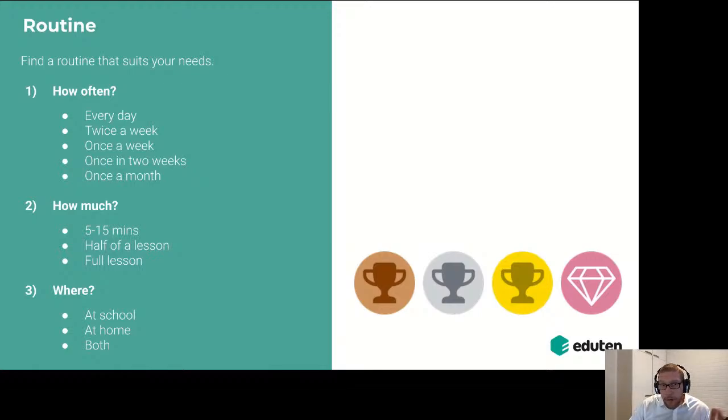We can also do regular things once in 2 weeks. It's still fine. But at this point, I would also include homework kind of in between the weeks. So if we consider that we do digital learning once in 2 weeks at school, I would have it every other week at home as well.